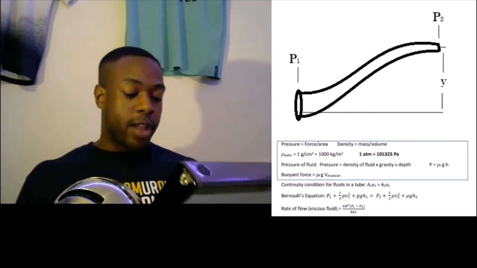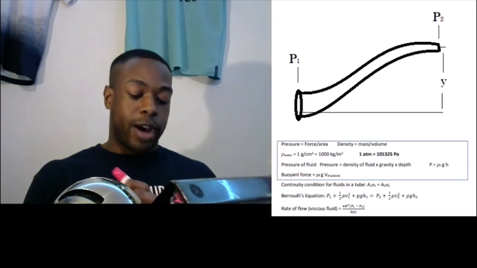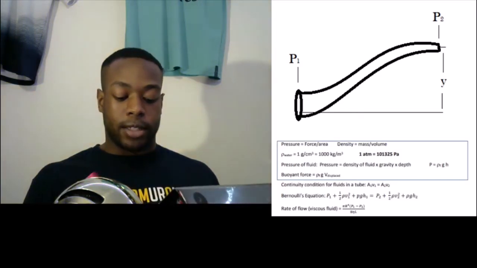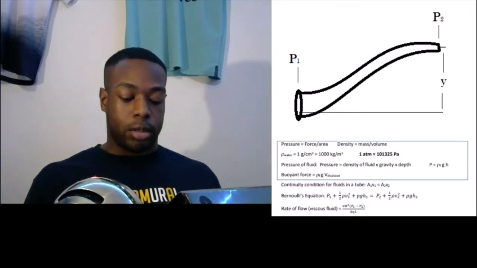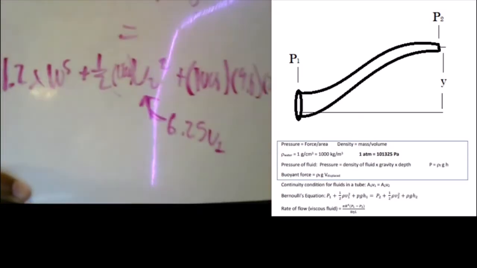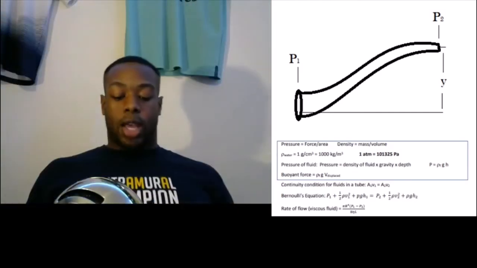So if that's the case, we can plug 6.25 velocity 1 into our velocity 2 value in our Bernoulli's equation. So we're just going to plug that in there for the V2 and do a little math.